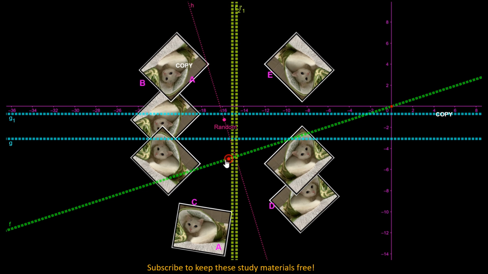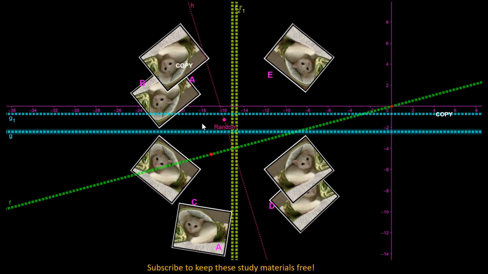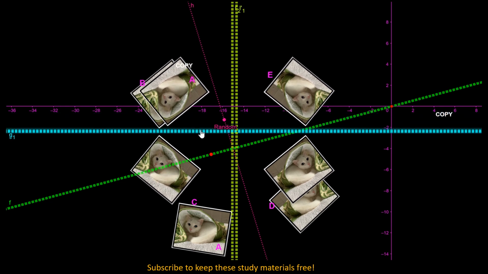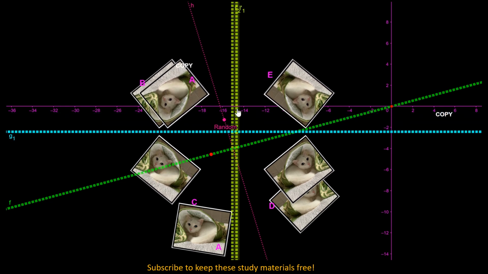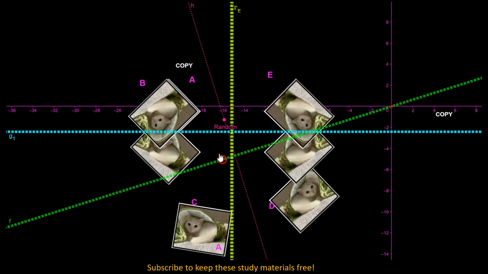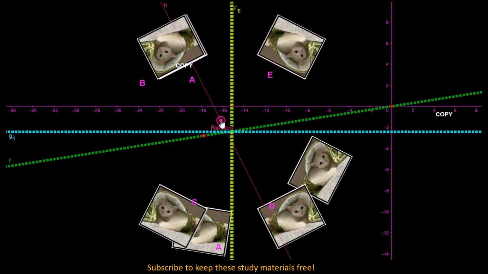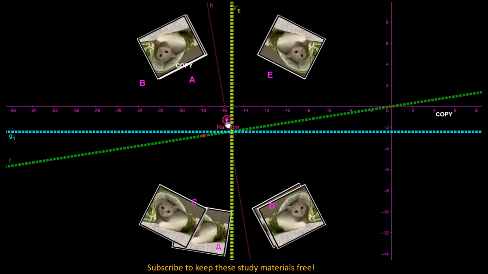That image A is the original. And then if you look above where the x-axis is, you see that A is copied, and then you have a copy of a copy in all these different ways. As the video moves, you'll see how the image is transformed and moved around. It's just a neat way of seeing it.